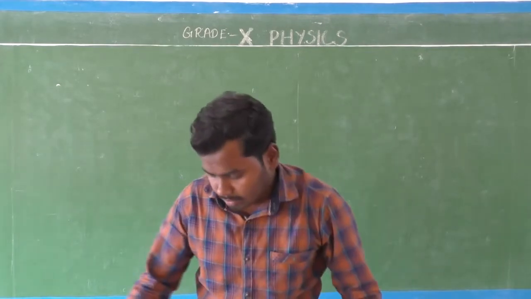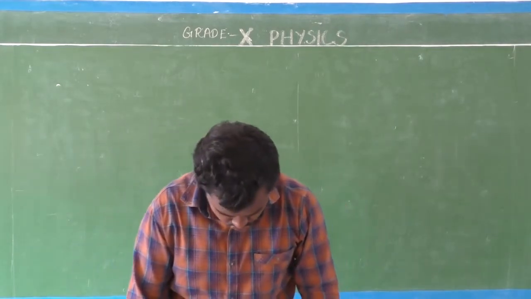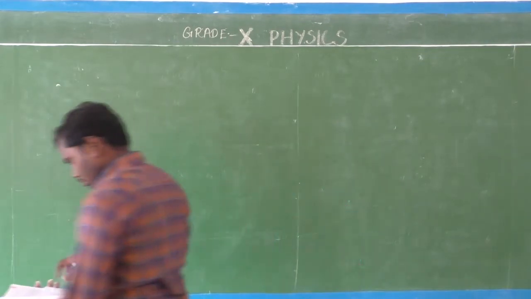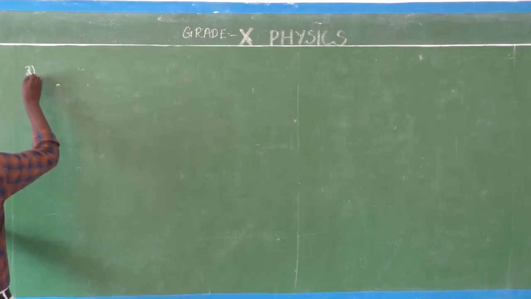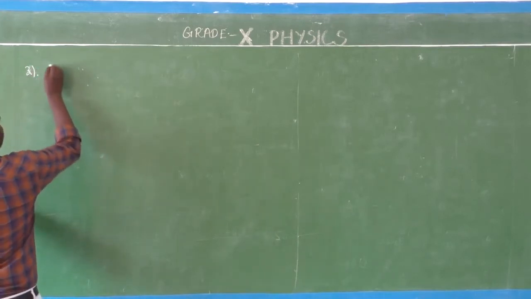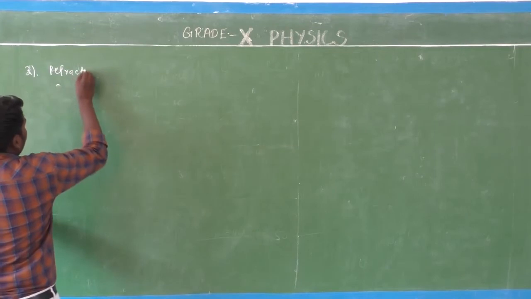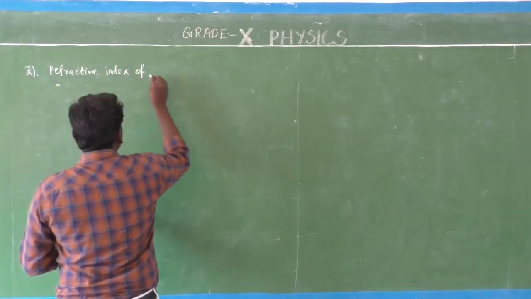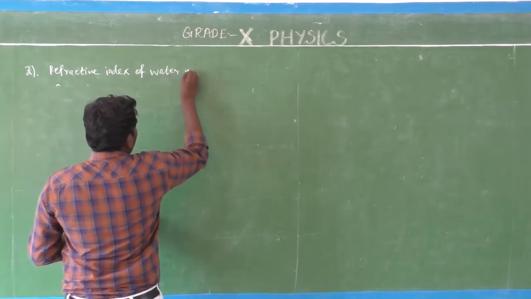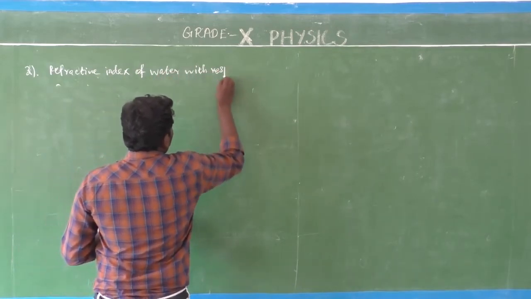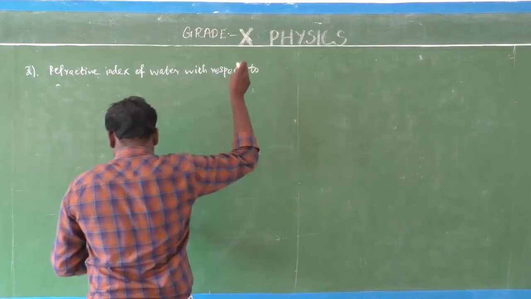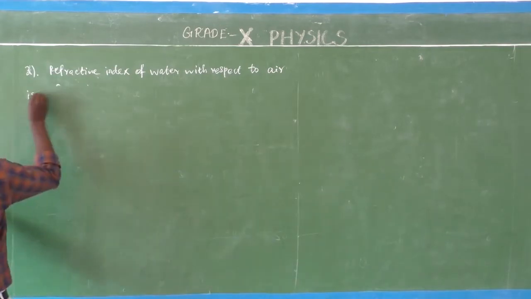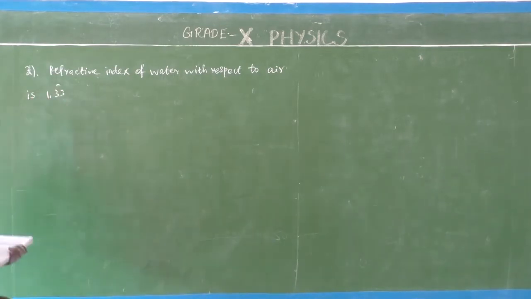So next, third numerical. The refractive index of water with respect to air is 1.33.